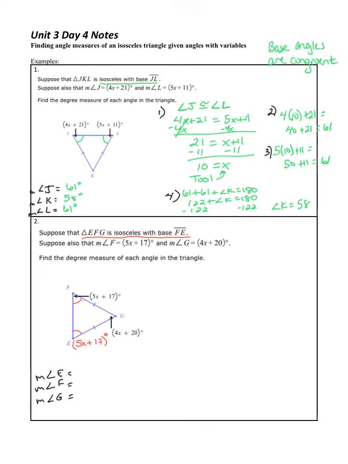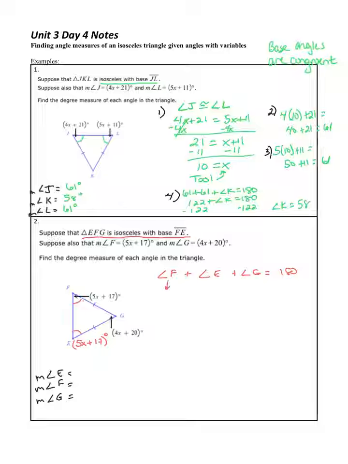Alrighty, now I have equations for all three angles. Well, if I add all three angles up together, they add up to 180. So I think that's what I'll do. And let me show you, I'm going to bring in a little bit of the angle addition. Let's do angle F plus angle E plus angle G equals 180.